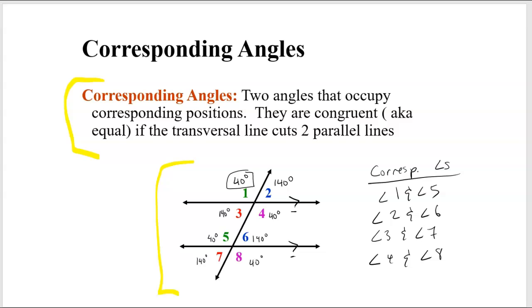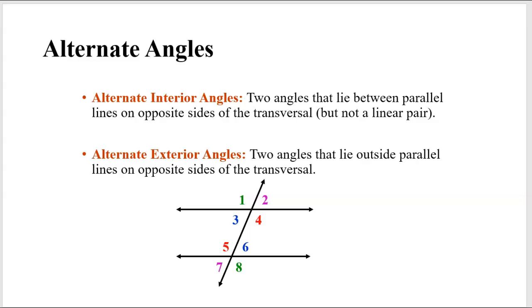Okay, but notice that there's a lot of the same angles. So notice that like 4 and 5 are the same. Notice that like 3 and 6 are the same. So they also have specific names. And those specific names are known, one of them, as alternate interior angles and alternate exterior angles.